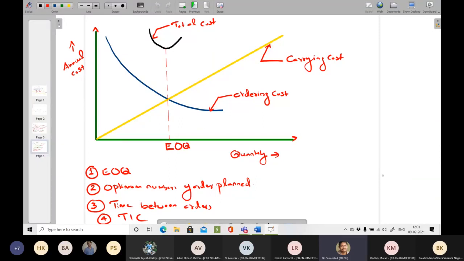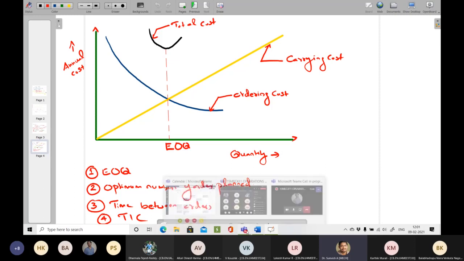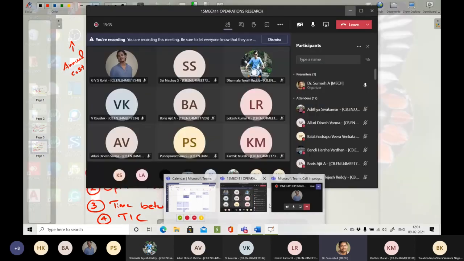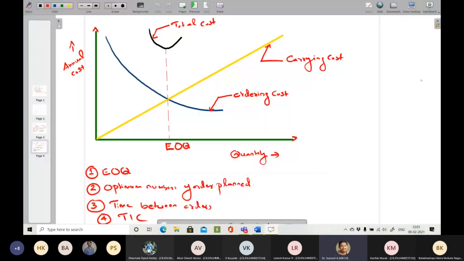So good afternoon. We discussed in yesterday's class the costs involved in the calculation of EOQ, and also what we mean by the term EOQ and how it comes about.